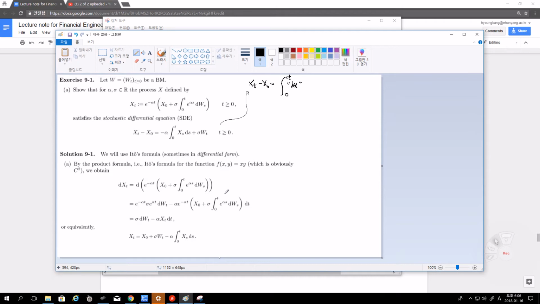So again, we want to do the same thing. So we regard this as a function. This is a function of w and x. So let's write xt as a function of time and w. So first we need to calculate ft, taking the derivative with respect to time.